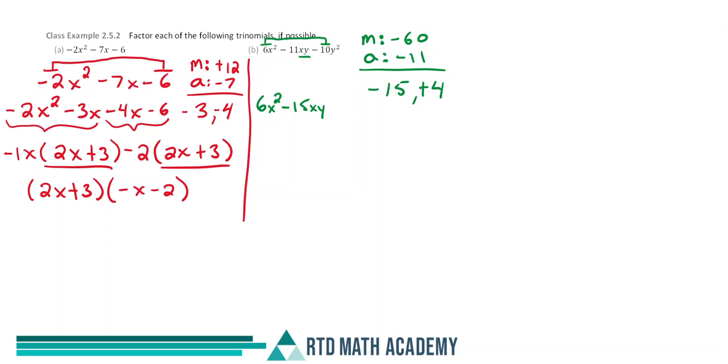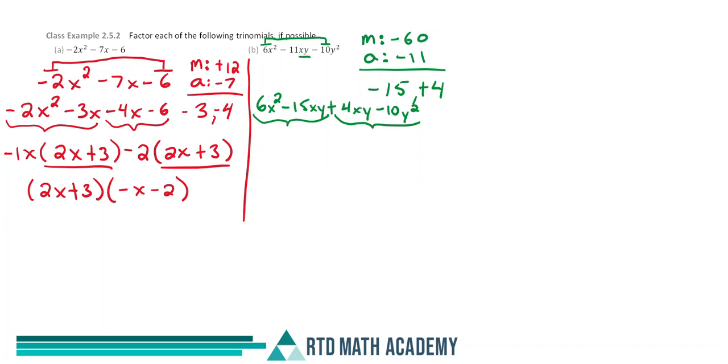Or variables. And then plus 4xy. And then we've still got the minus 10y squared. All right. So now we're going to do our factoring by grouping, as we did in the last one. And it's all going to work out.